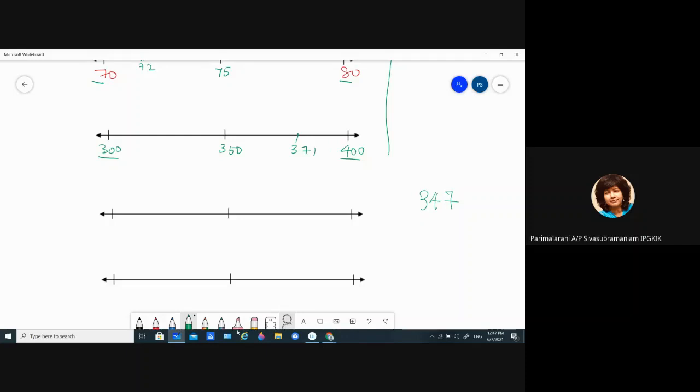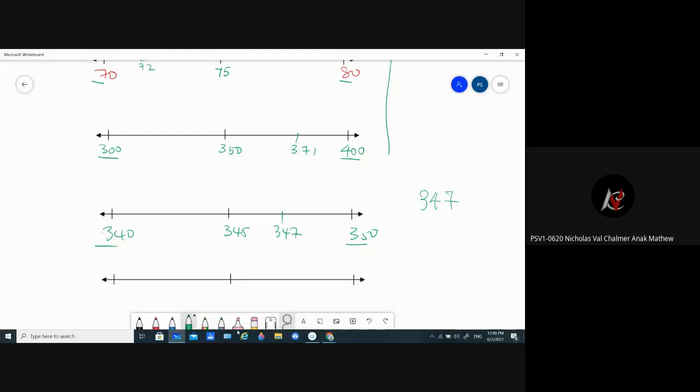So where will the number go? What are the two multiples here? What's the number on this side, on the left? 340. 340 here, 350. What is the center number? 345, and you know 347 is here.